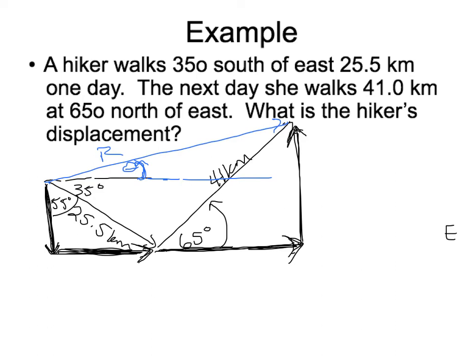Okay, so those values are basically going to end up being, let's see, got the cosine, all those units. This is going to be 20.9.